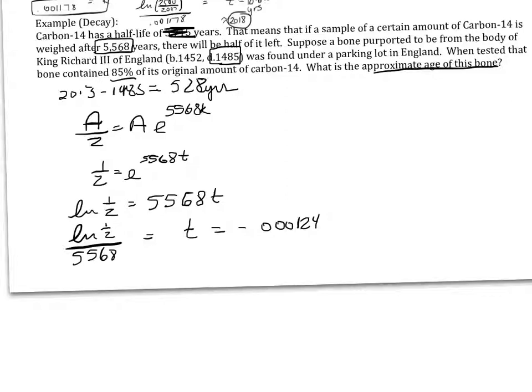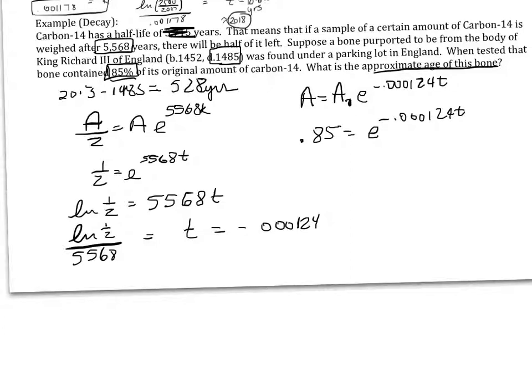Our specific equation will end up being A, or our ending amount, equals our beginning amount times e to the negative 0.000124t. Now, this specific bone contained 85% of its original carbon-14, so 0.85 of its original amount is equal to e to the negative 0.000124t.